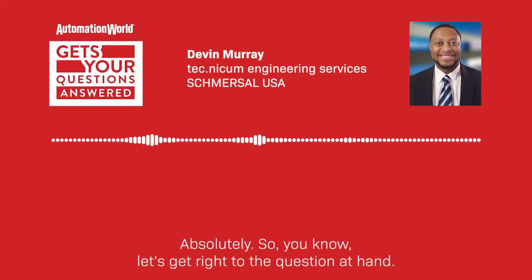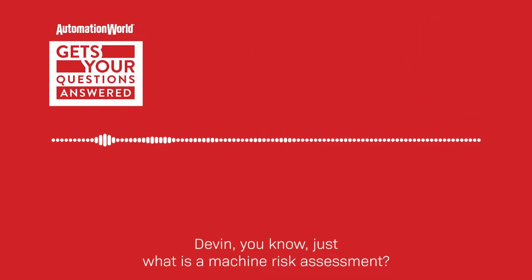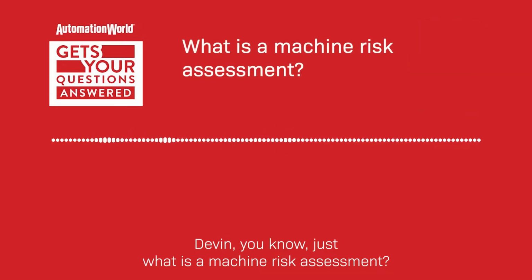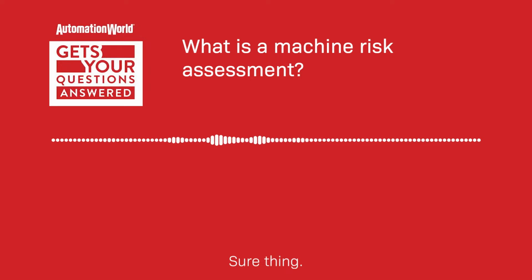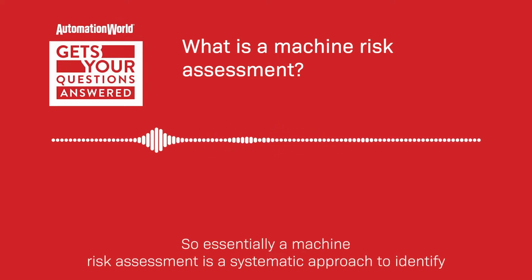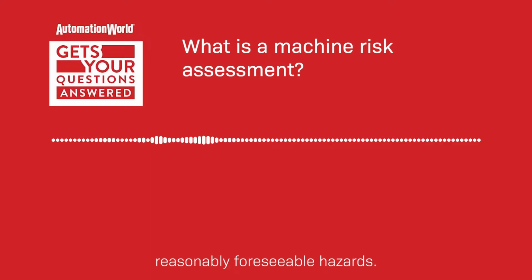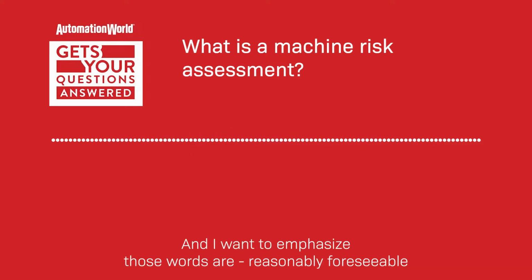Absolutely. So, let's get right to the question at hand, Devin. Just what is a machine risk assessment? Sure thing. Essentially, a machine risk assessment is a systematic approach to identify reasonably foreseeable hazards. And I want to emphasize those words, right?